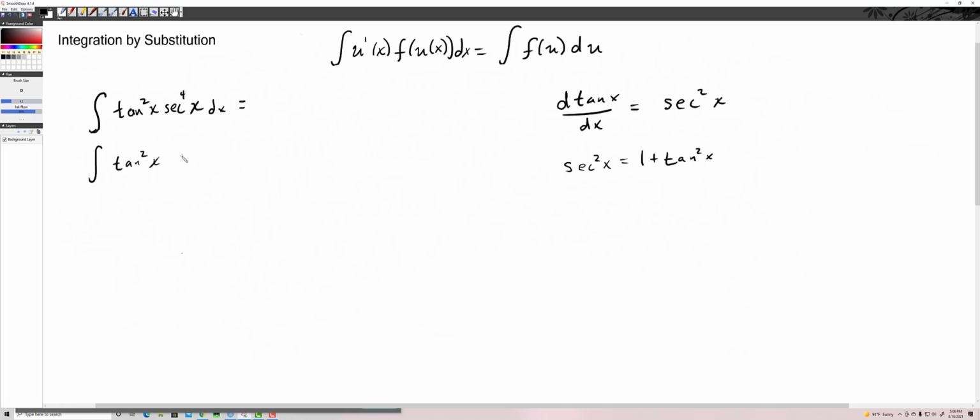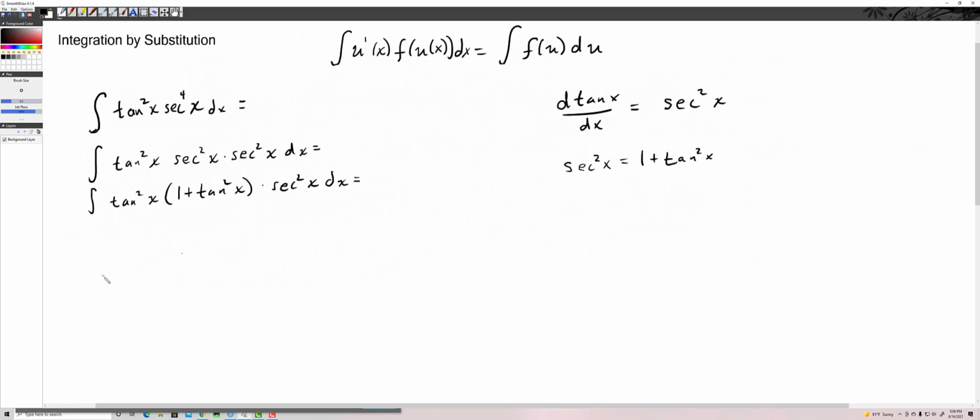We're going to break this up into two pieces of secant squared x. This is what we're going to aim to make a derivative for tangent out of. But this one here, we're just going to use the identity that we just established. So now we have tan squared x times 1 plus tan squared x times secant squared x dx.